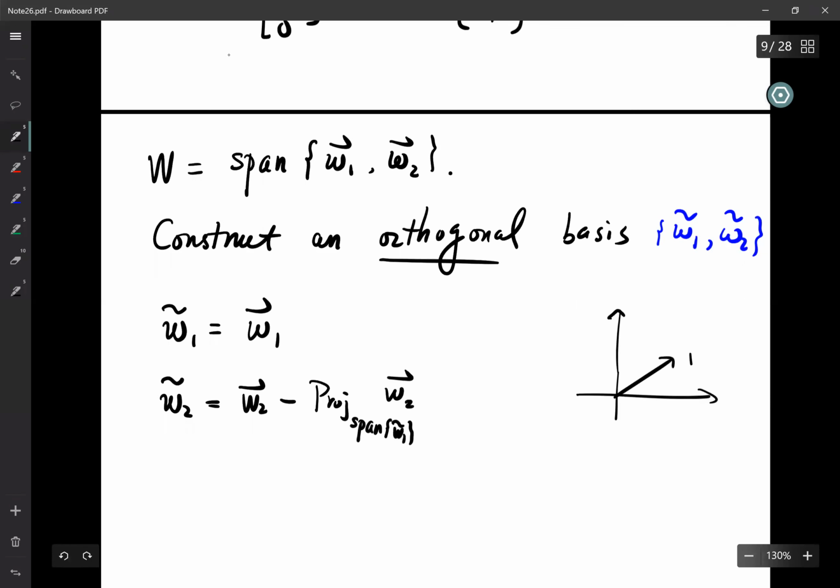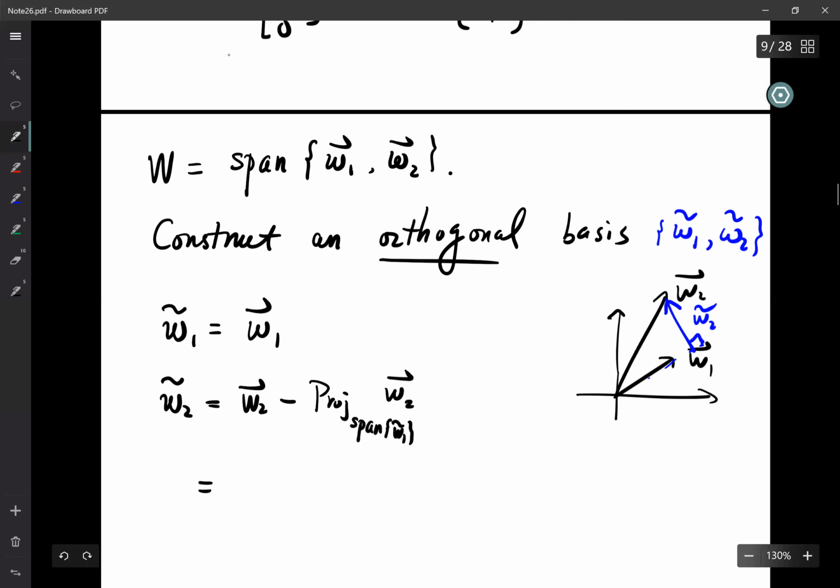What I want is to project away the component that's in W1, and only find the new orthogonal contribution, which is W2 tilde.